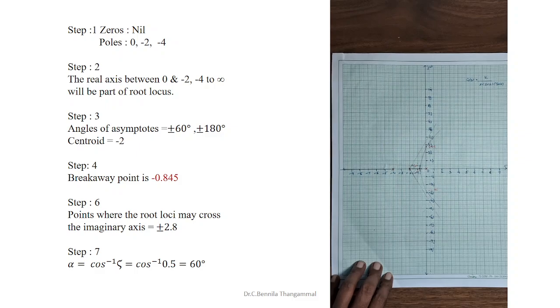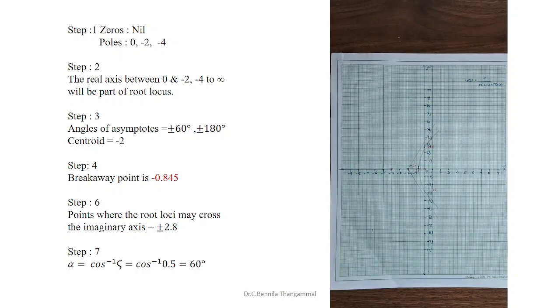At last, for the damping ratio 0.5, what is the K value? Using the damping ratio 0.5, we found the alpha angle. Cos inverse of the damping ratio will give you alpha, which is nothing but 60. So cos inverse of 0.5 is 60 here.